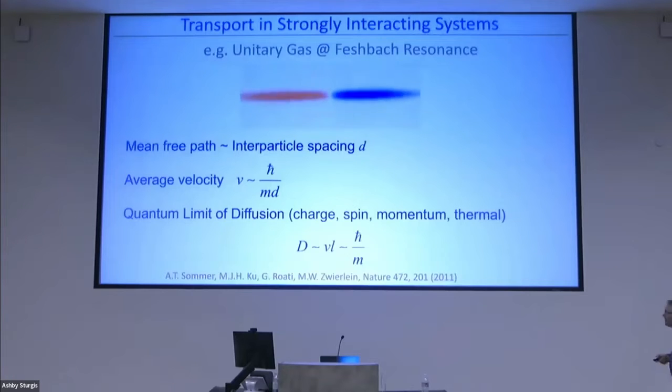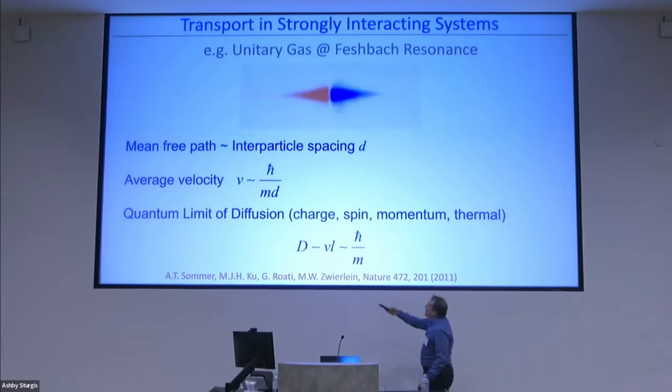Now, what about transport? In these systems it's actually sort of simplified, because the mean free path is as short as it can possibly get. It's one interparticle spacing. That means the average velocity, together with the mean free path, will conspire to give you a diffusivity that is independent of density.